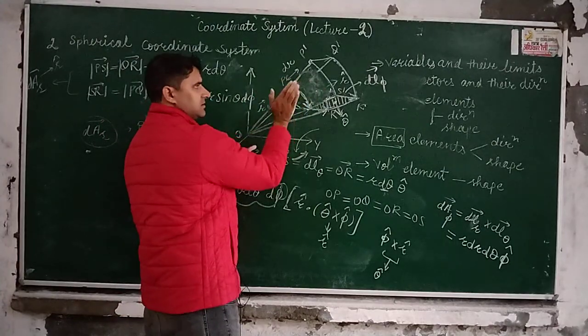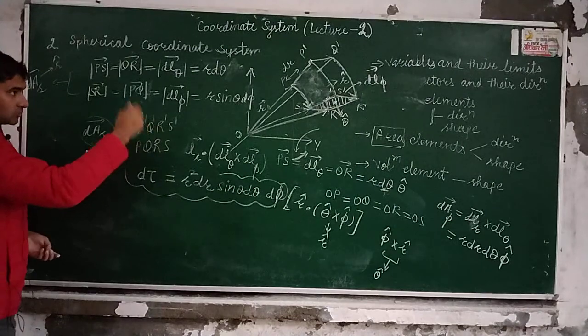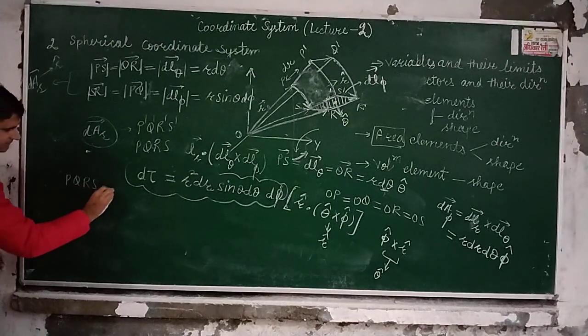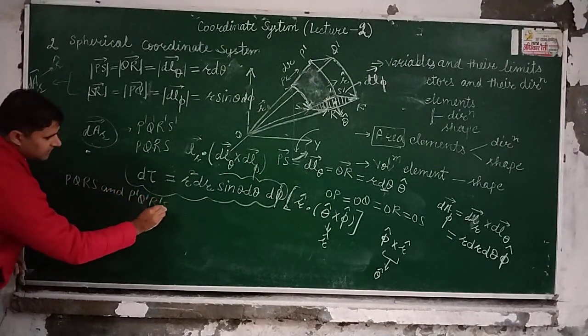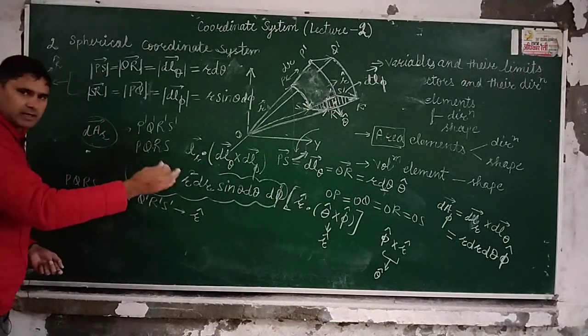You can see here. So here I am writing the direction of various surfaces. The surfaces P, Q, R, S and P dash, Q dash, R dash and S dash, their normal will be along r cap.